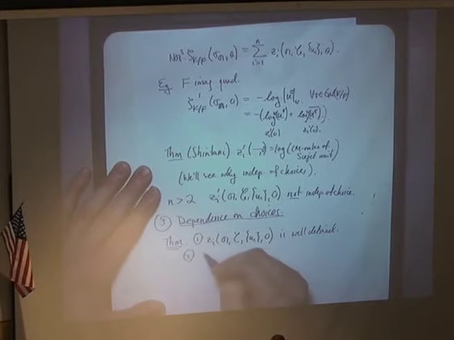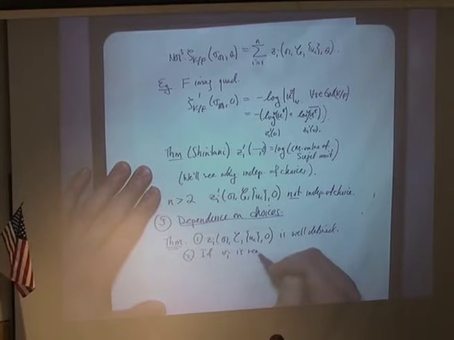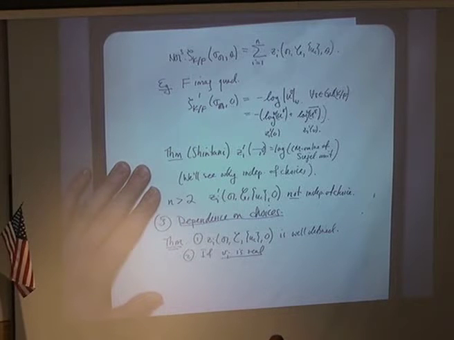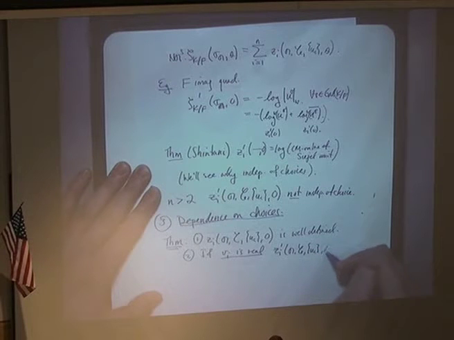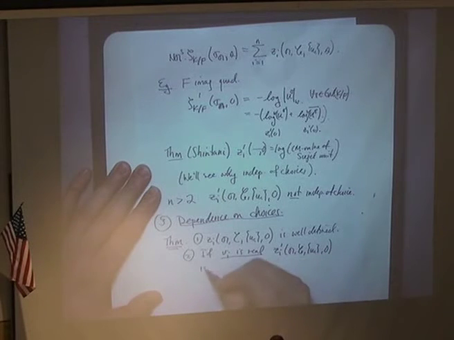Secondly, if VI is real, then we're in good shape, and we really haven't had to rotate anything. So it's not particularly surprising that in this case, zi prime of A, C, UC at 0 is also well defined, independent of all our choices.